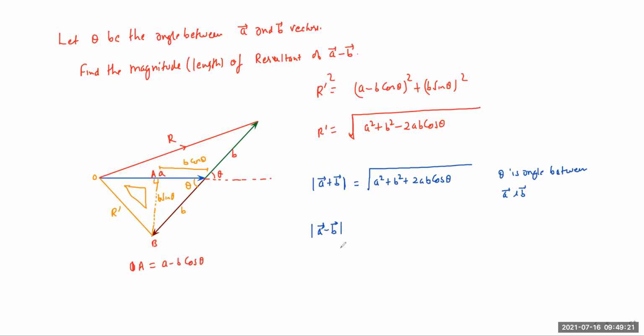What is the length of the vector A minus B?